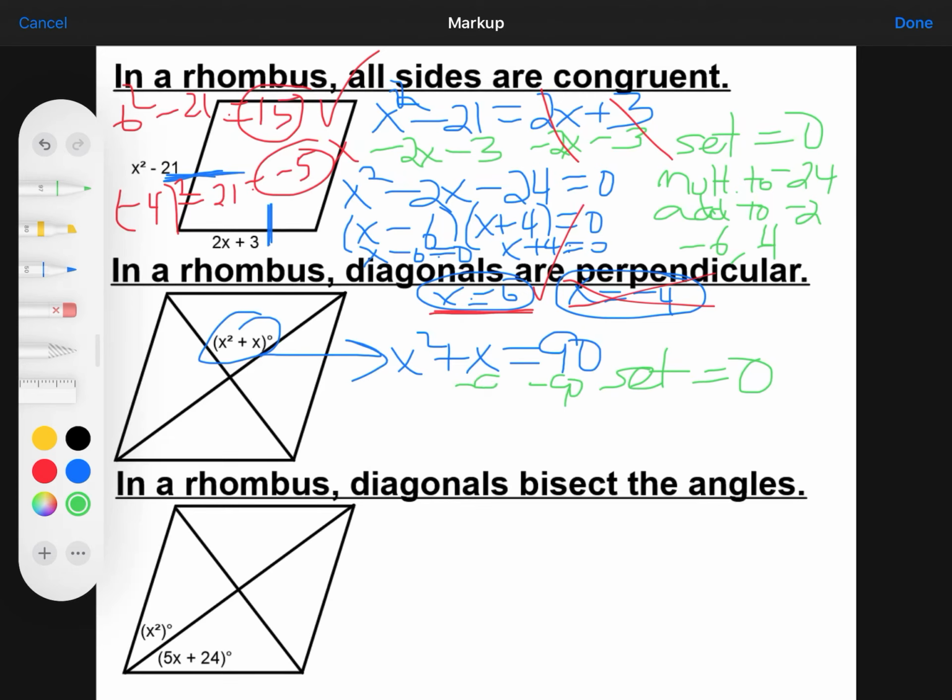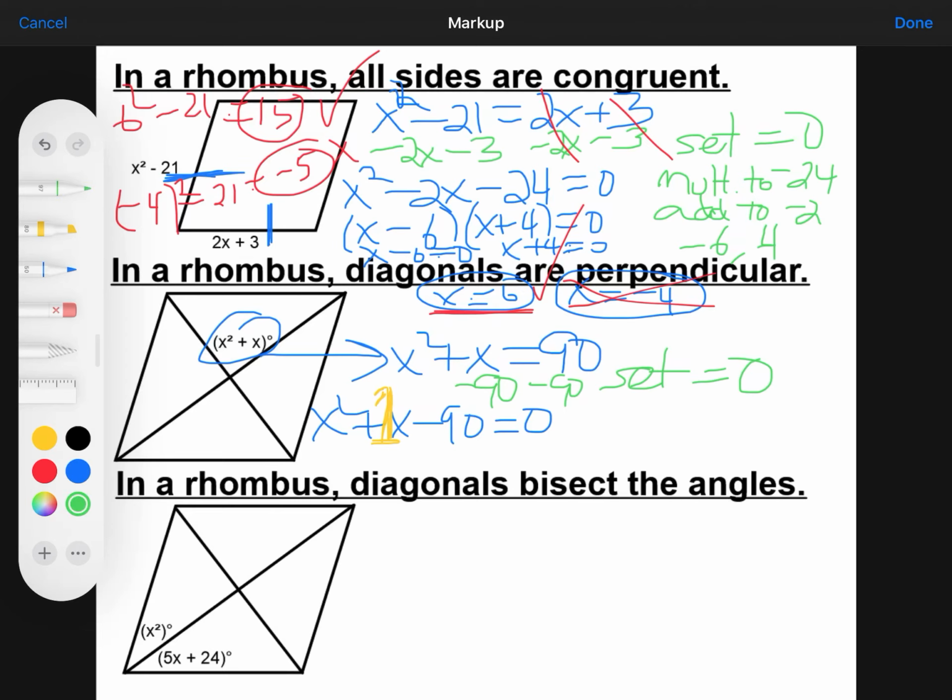You only combine like terms, otherwise you just write them separately. X squared plus x minus 90 equals 0. Even though the number is not written there, when you have just an x, it's the same as a 1x.